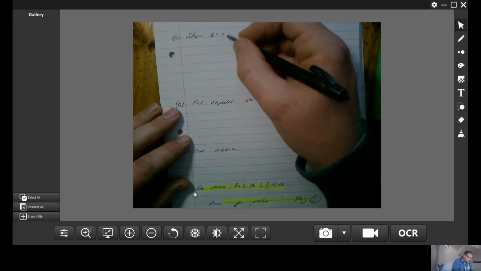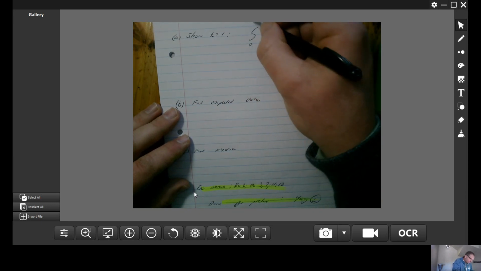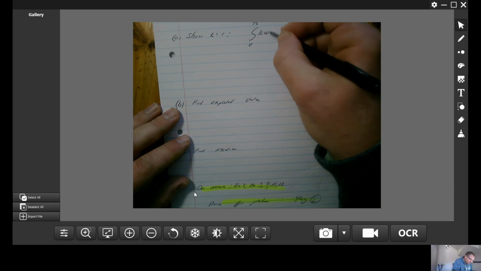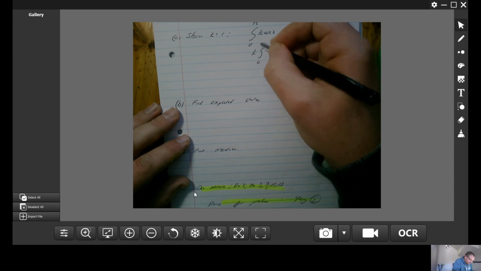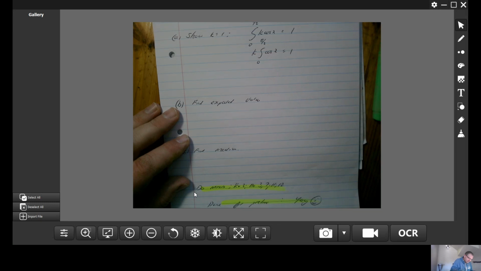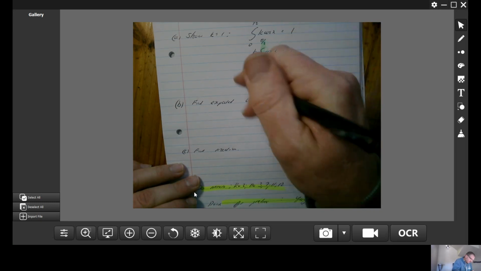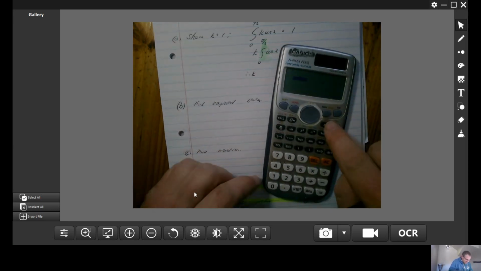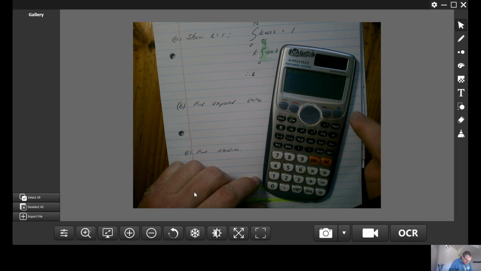The key idea is that the sum of the probabilities over the required area of k cos x, the integral between 0 and pi by 2, must be equal to 1. So k times the integral between 0 and pi by 2 of cos x is equal to 1. This we can just chuck into our calculator, though it's pretty easy to do manually. You've got to make sure you calculate it in radian mode.